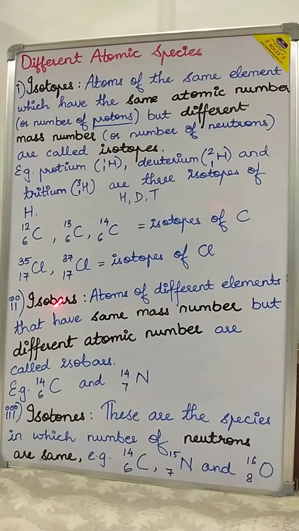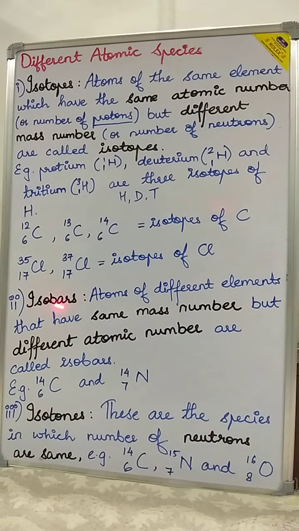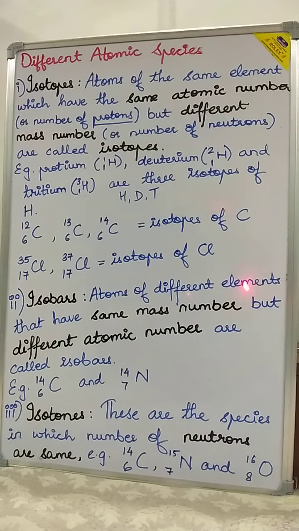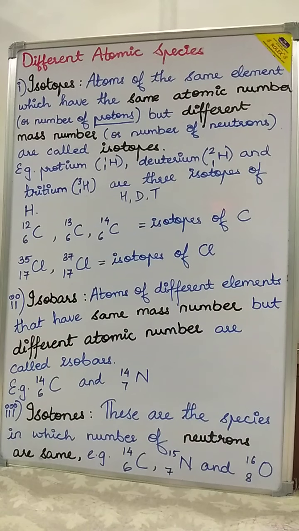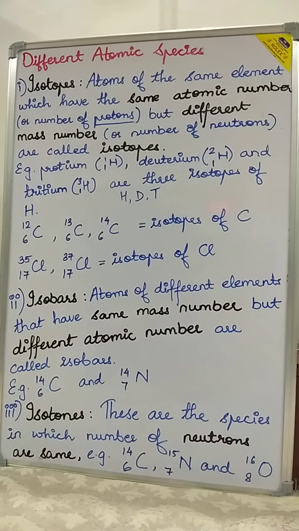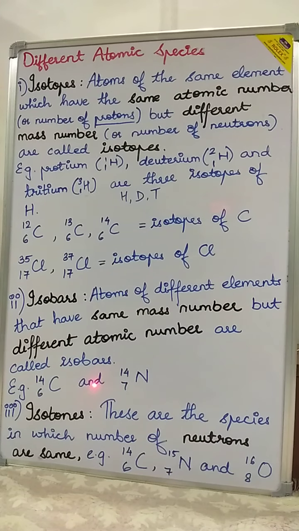Coming to the second term, isobars. Second atomic species, isobars. Atoms of different elements, students, that have same mass number but different atomic number are called isobars.